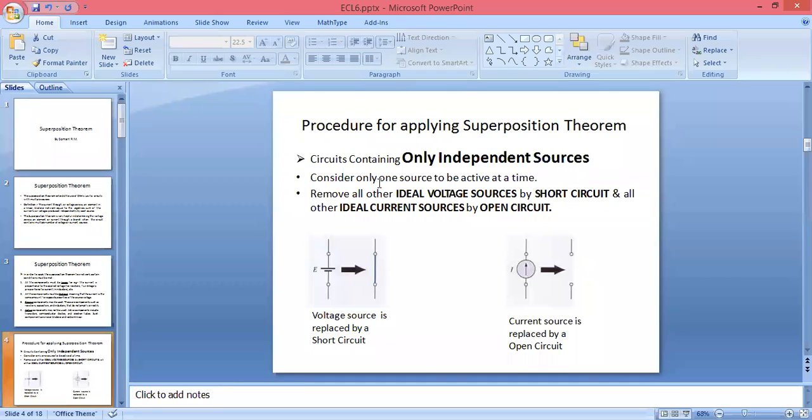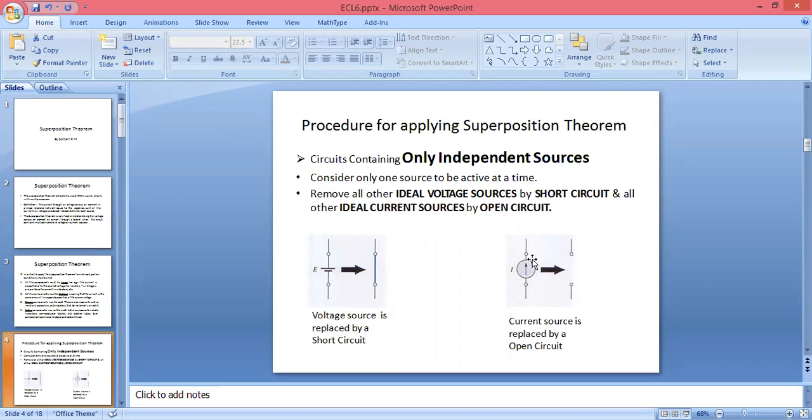So we have to consider only one source active at a time, and we have to remove all the ideal voltage sources and current sources. If there is a voltage source, then we can remove the ideal voltage source by short circuit. And if there is a current source, then we can remove the ideal current source by open circuit.